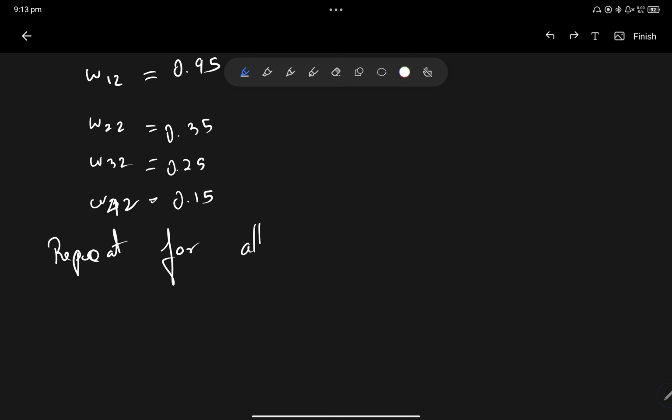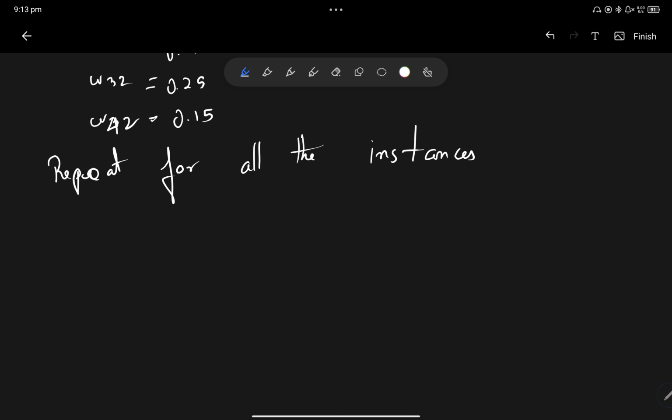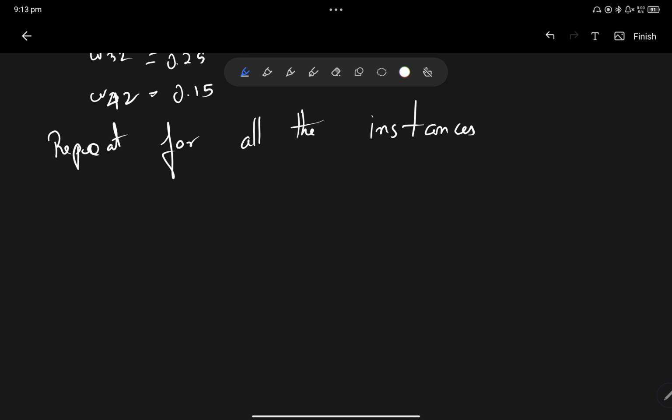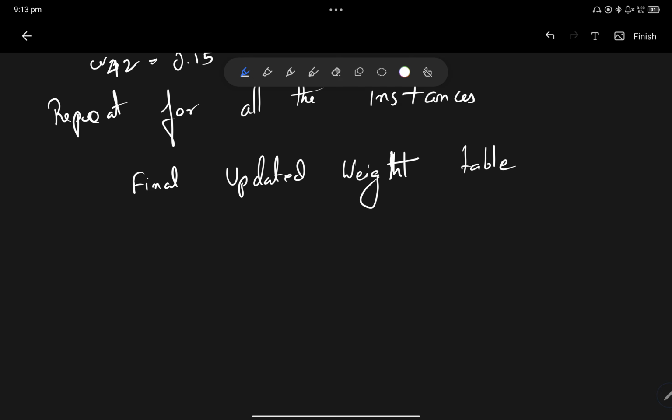Now we'll keep on repeating for all the instances. So finally, after putting in all the instances, the final updated weight table will look like this.